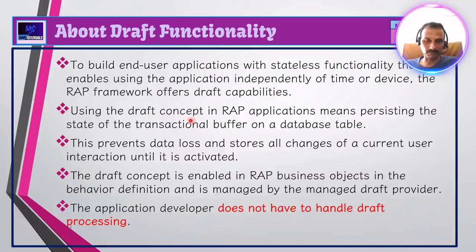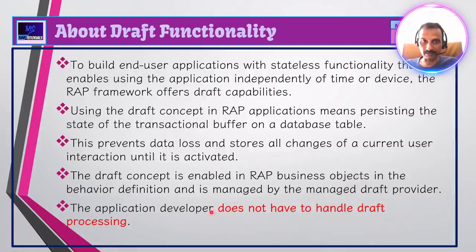Using the draft concept means persisting the data in the transactional buffer first, on a database table. It doesn't directly push the data to the database. Rather, as we have seen, we move the data to the transactional buffer. It prevents any data loss, because by default the draft functionality, which is again a framework, keeps on calling and updating the draft tables in a timely manner, so the data is never lost.